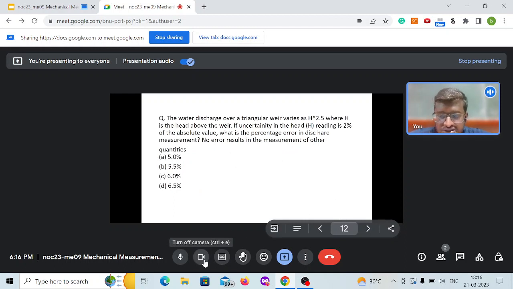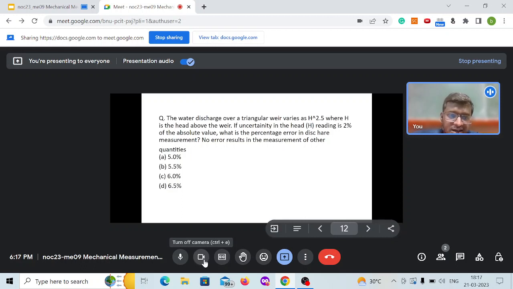Moving on to the next question. The water discharge over a triangular weir varies as h raised to power 2.5, where h is the head above the weir. If the uncertainty in the head h reading is 2% of the absolute value, what is the percentage error in discharge measurement? No error results in the measurement of the other quantities. So you have a water discharge over a triangular weir.